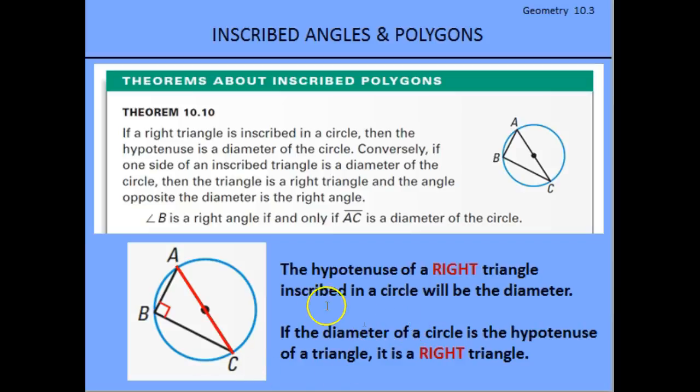So, if I translate that and take out some of the words, all that means is that the hypotenuse of a right triangle inscribed in a circle will be the diameter, and the angle across from it will be a 90-degree angle. And if the diameter of a circle is the hypotenuse of a triangle, that triangle is a right triangle. It's just the way it goes.